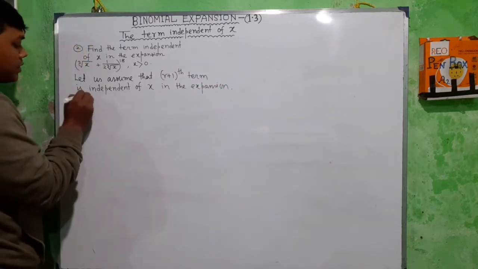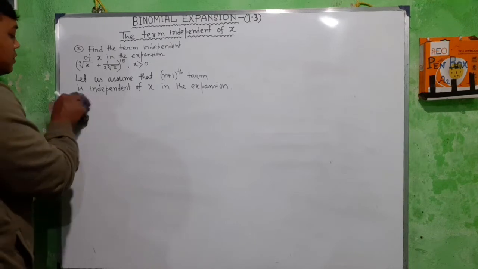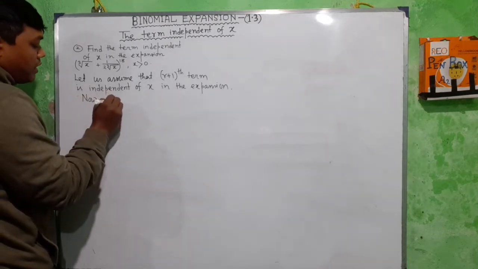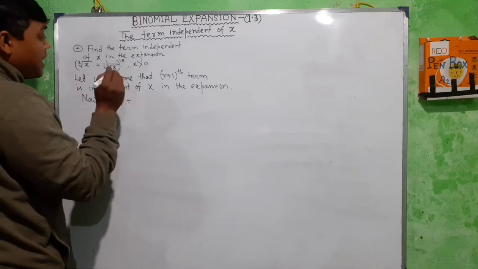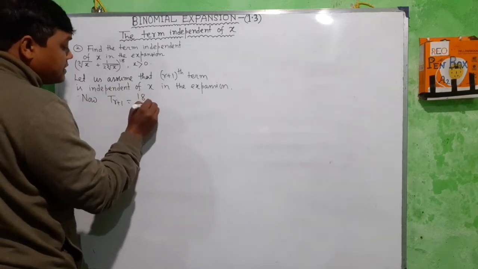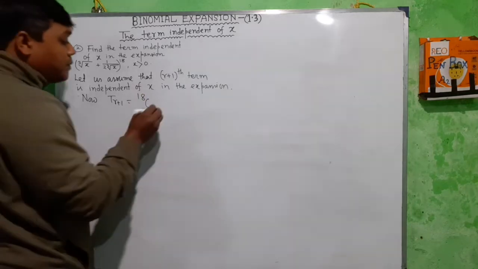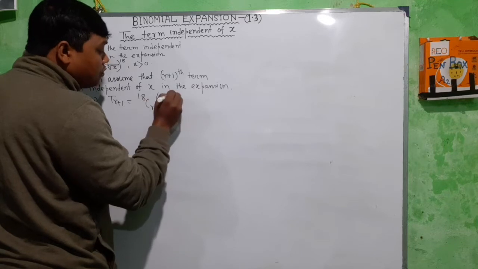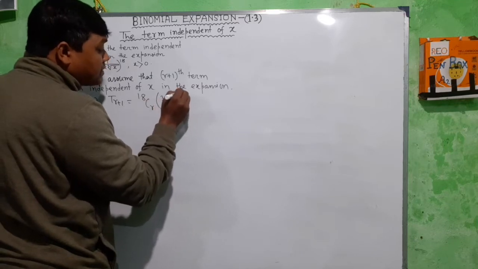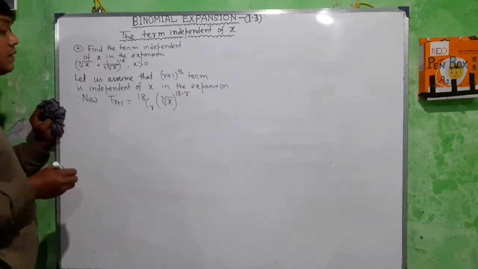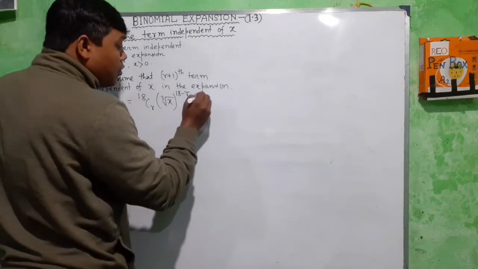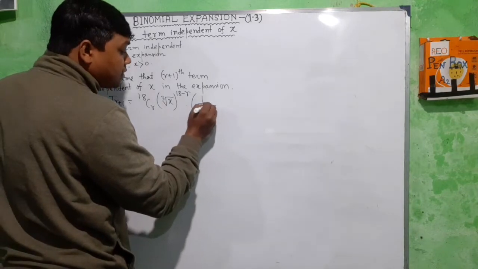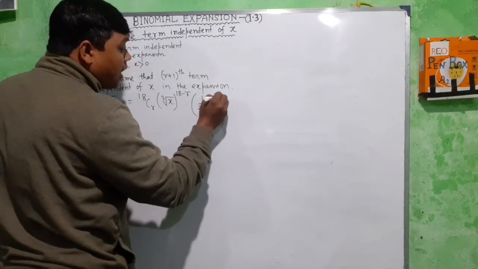So now tr plus 1 equals, according to the formula we have already discussed in the previous problem, nCr, that is 18Cr, a to the power (cube root of x) whole to the power 18 minus r, that means n minus r, into b, here (1 by 2 cube root of x) whole to the power r.